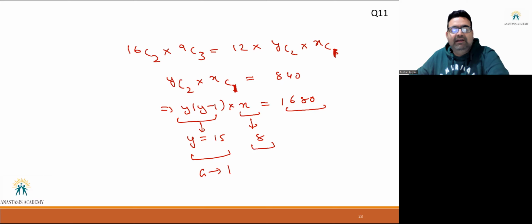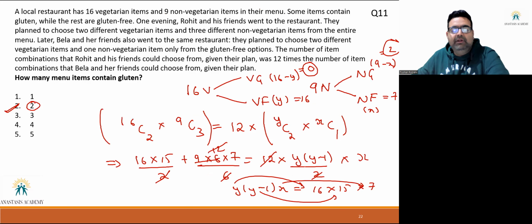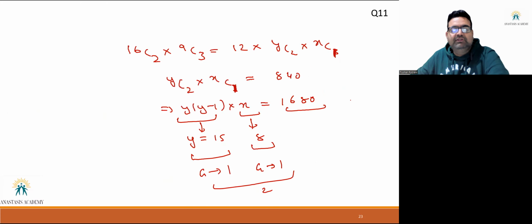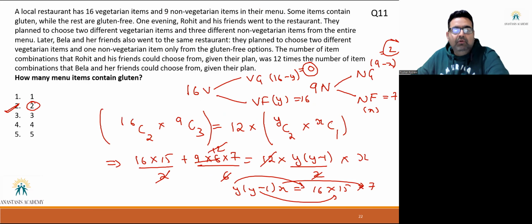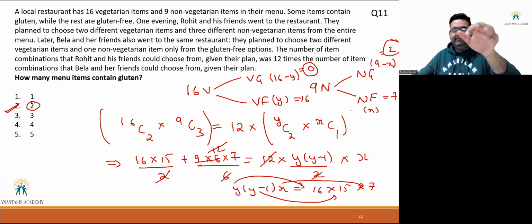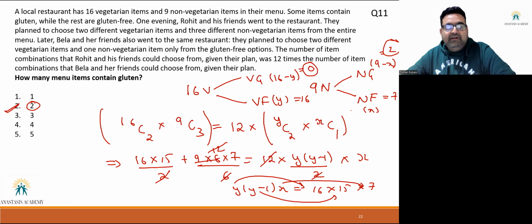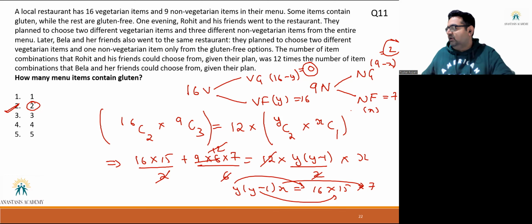Similarly, in non-veg, there were 9 items, 8 were coming out to be gluten-free, so one gluten here. Again, 1 plus 1 is 2. So somebody could do 0 plus 2 is 2, or somebody could do 1 plus 1 is 2. Both of them are correct, but as a quant faculty it fascinates me that two very different approaches led to the correct answer. So both methods reach the same final answer, and there will be no contradiction or claim on this question being wrong.